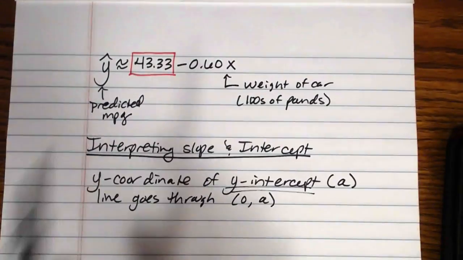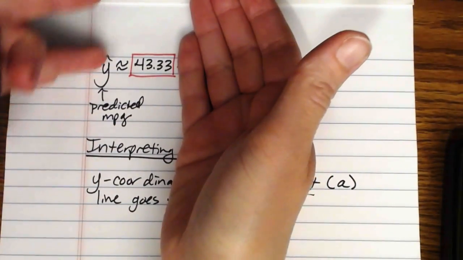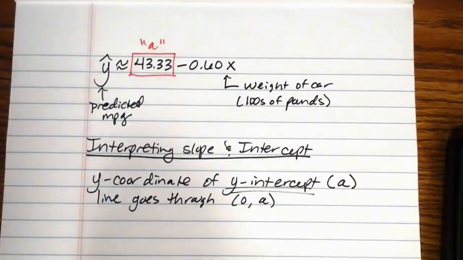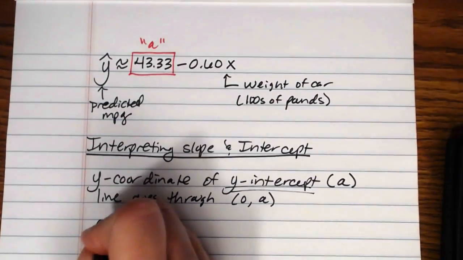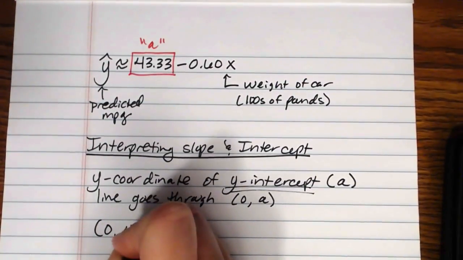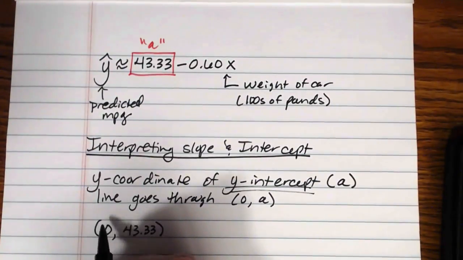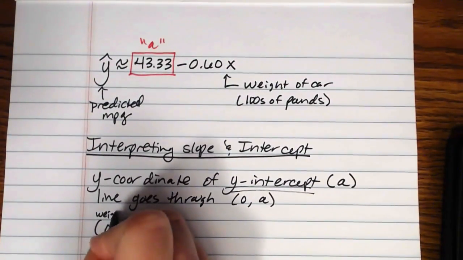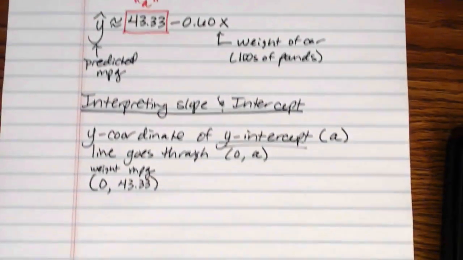You can see if we put 0 in for x, this term would drop out, and y hat would be this a value. So in this case, our line would go through (0, 43.33). The x value here again refers to the weight, and the y value refers to the miles per gallon.